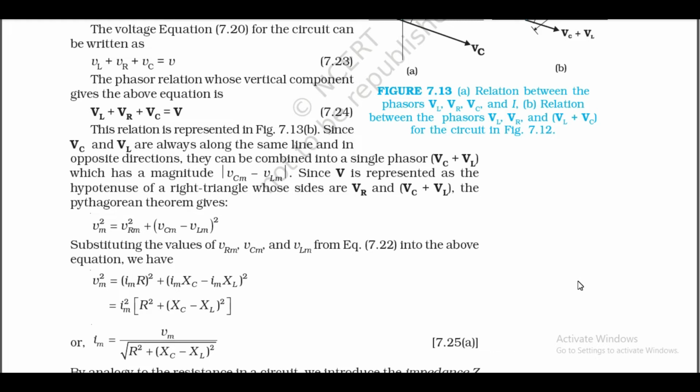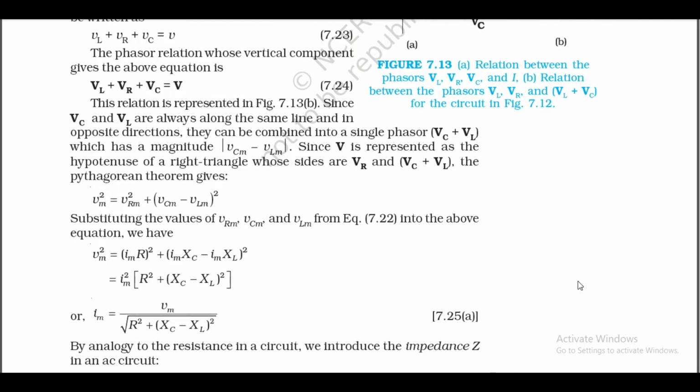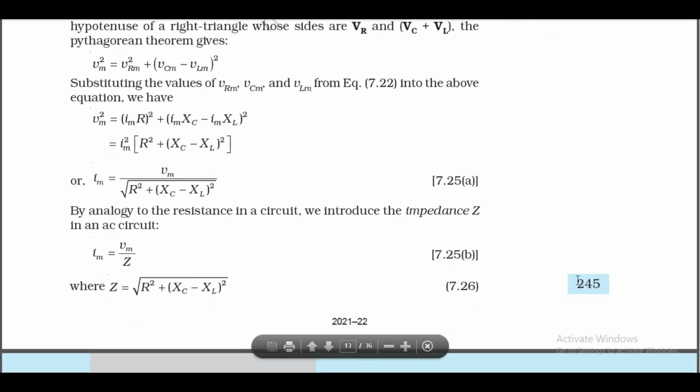Substituting the values of VRm, VCm and VLm from equation 7.22 into the above equation, we have Vm squared = Im squared R squared + (Im XC - Im XL) squared = Im squared [R squared + (XC - XL) squared], or Im = Vm / root of R squared + (XC - XL) squared.